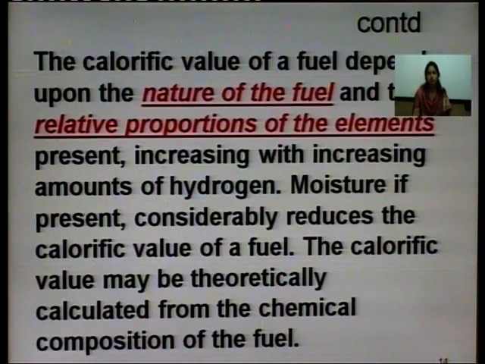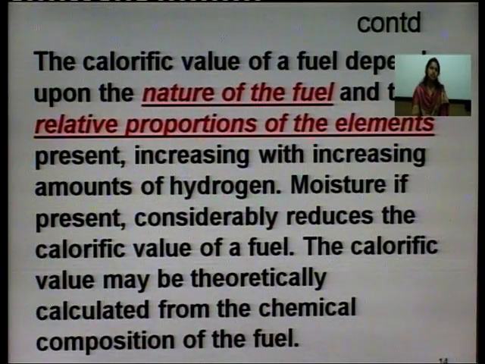The calorific value of a fuel depends upon the nature of the fuel and the relative proportion of elements. So, on what factors does the calorific value depend? It depends on the nature of the fuel and the relative proportion of elements present.